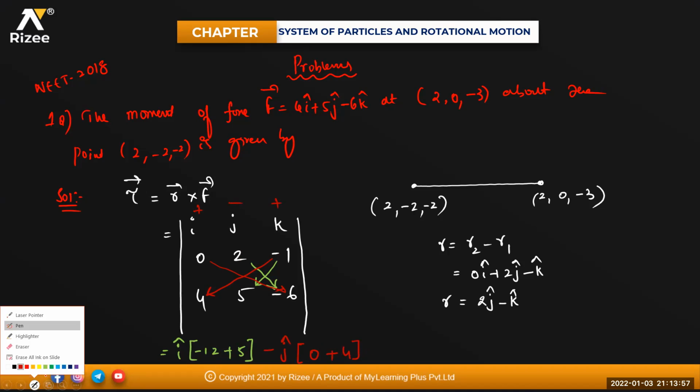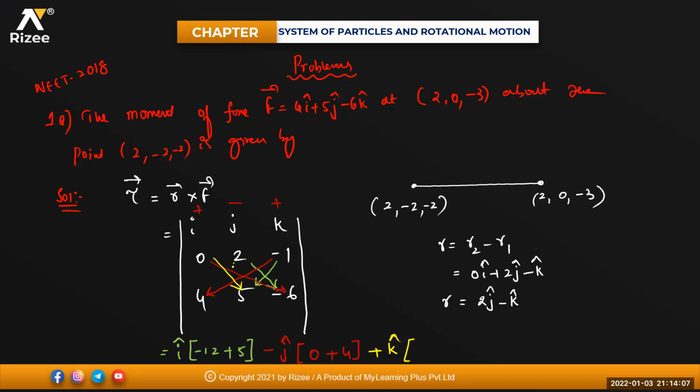Okay. Very good. The next one is plus K cap. For the K cap, you need to close the value of K and cross multiply 0 to this one and 2 to this one. 0 into 5 is equal to 0. Then 4 twos are 8. So it will be minus of 8.